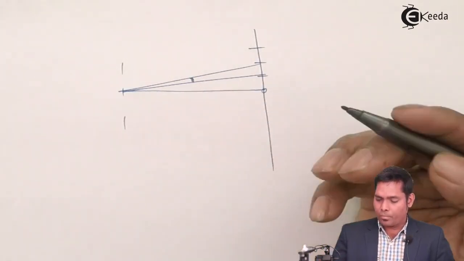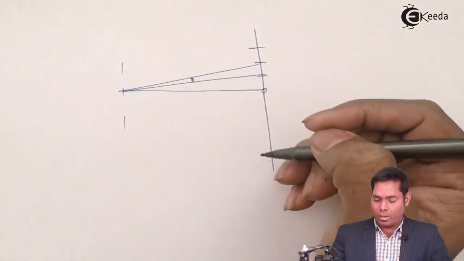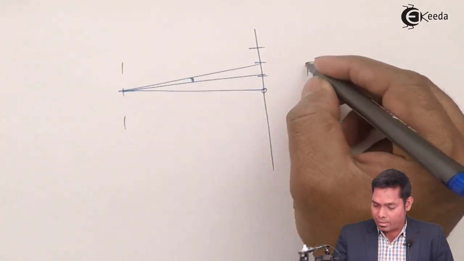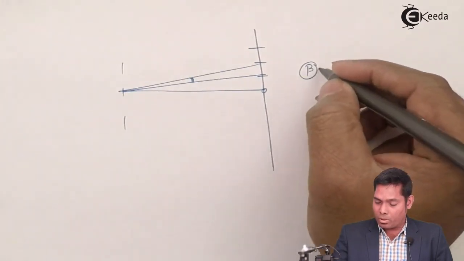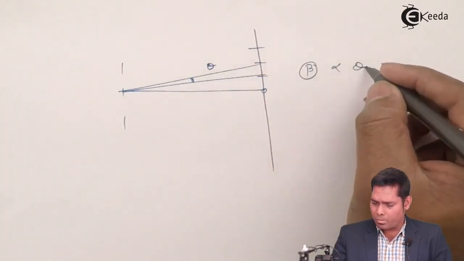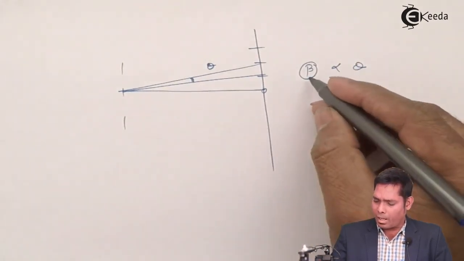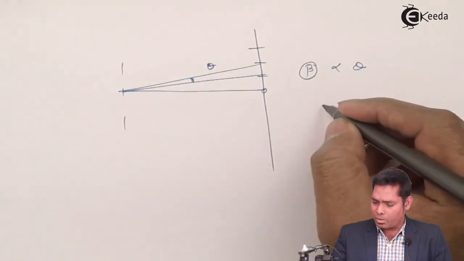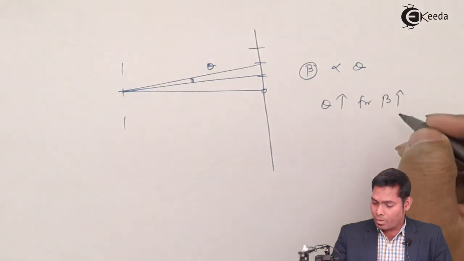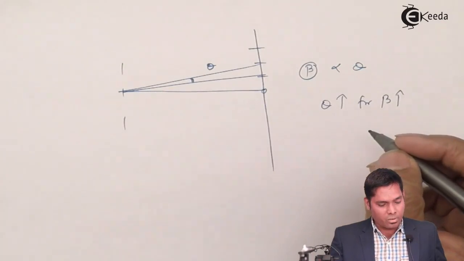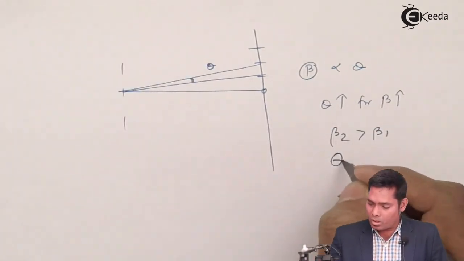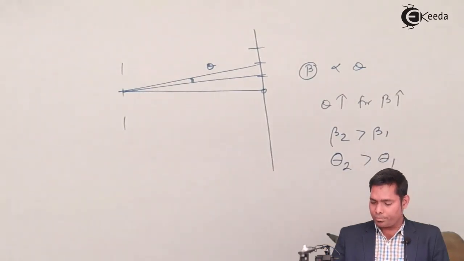Now it is talking about beta indirectly. Theta is proportional to beta, that means higher beta gives higher angular separation. But we have already seen that beta 2 is greater than beta 1, so theta 2 is also greater than theta 1.